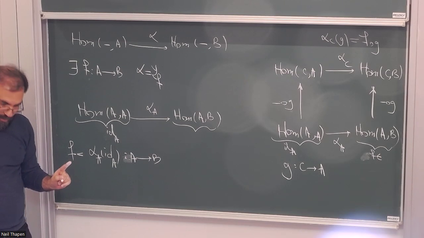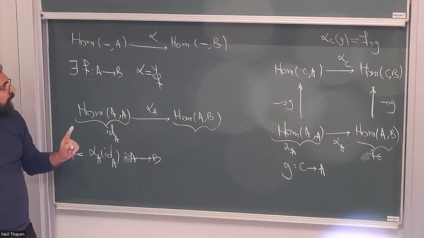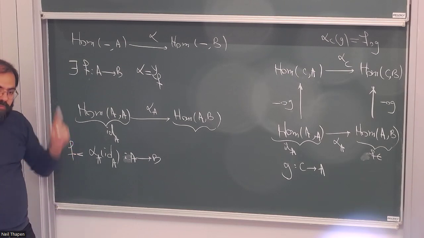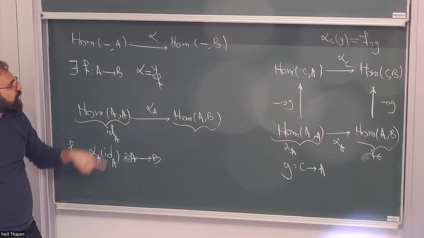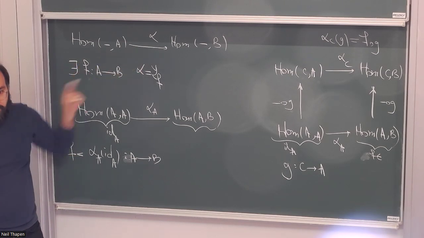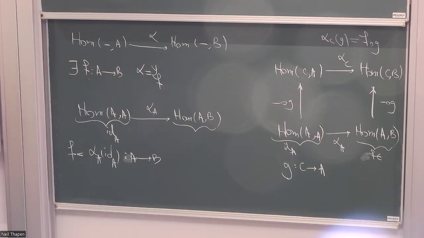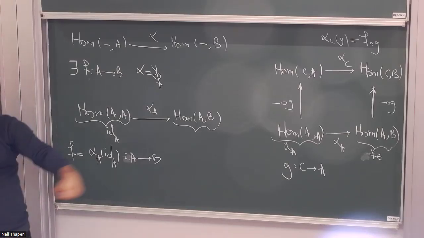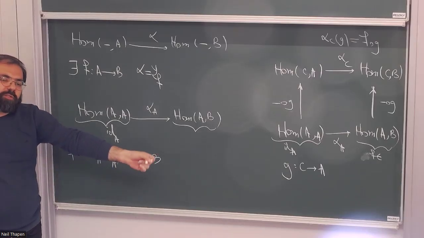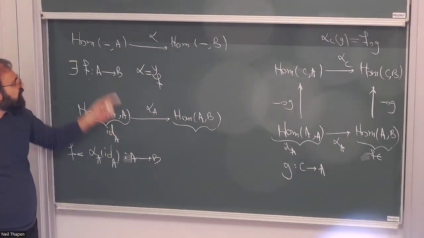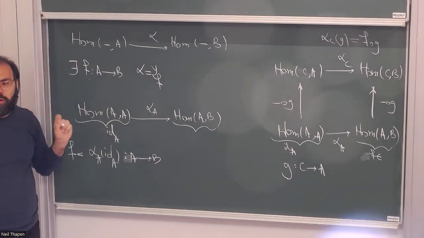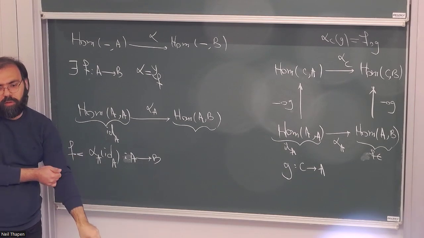Alpha is not a transformation of one thing. What you fix is uniform in A. If you plug in A, then you get a map between two sets because of this, right? So it is just a sequence of set functions indexed by C. Where is something that depends on the structure?